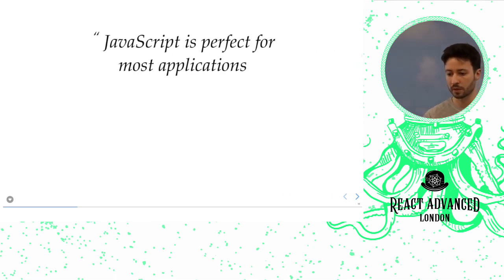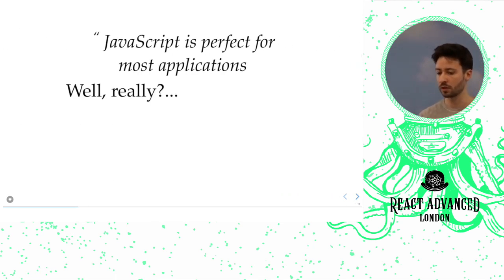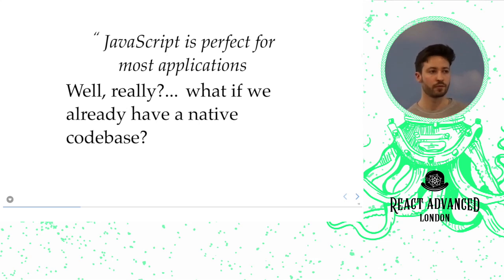And same for JavaScript. It's perfect for most applications, but what if we already have a native code base? I have a lot of lines in C++, including things that were quite complex, like a parser for mathematical expressions, and all the tooling that was converting the games from the engine to the HTML5 game.